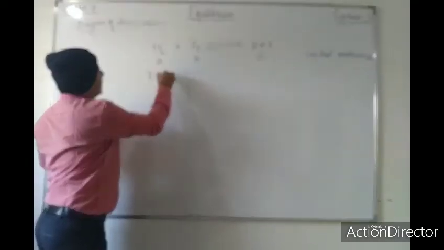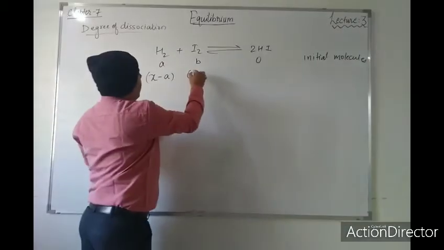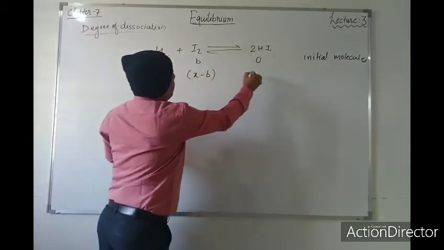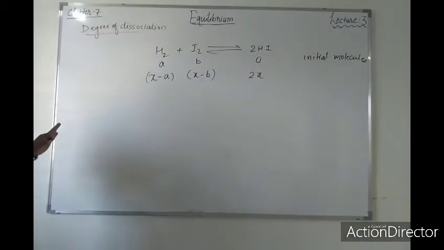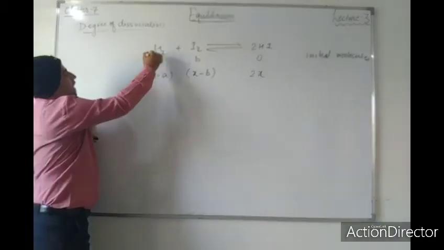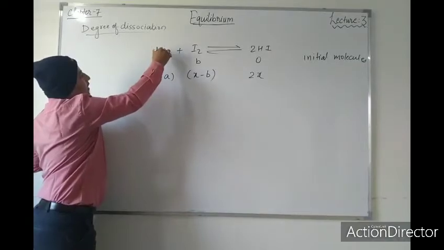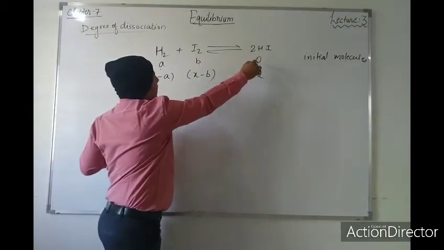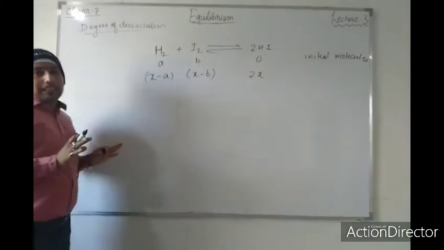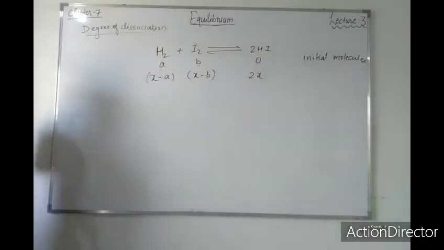X minus A, here X minus B, and here 2x. Got it? Initially the hydrogen concentration was A, iodine concentration B, and the hydrogen iodide was not formed, since I am talking about this degree of dissociation.